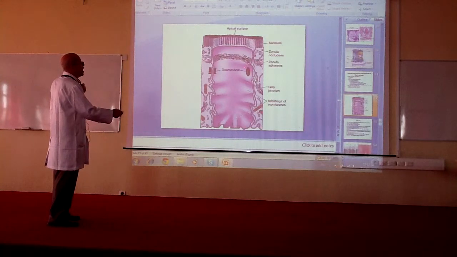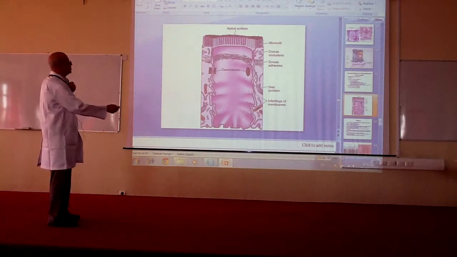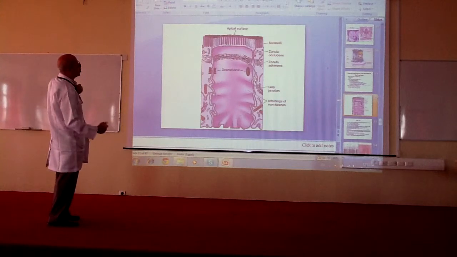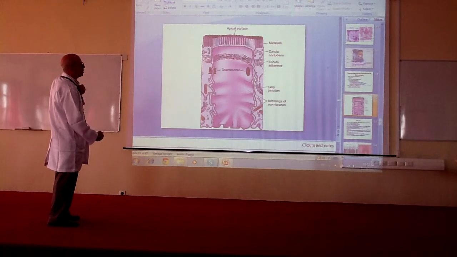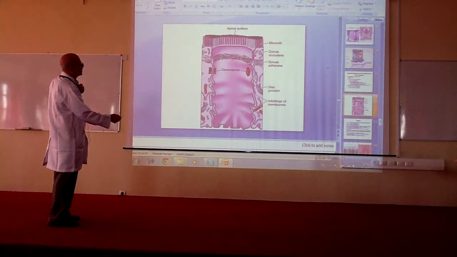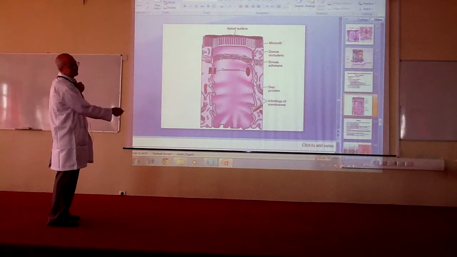This zonula adherens encircles all around the cell, as we will see in the next picture. The desmosome is an adherent junction too, but in a spot, at a point.